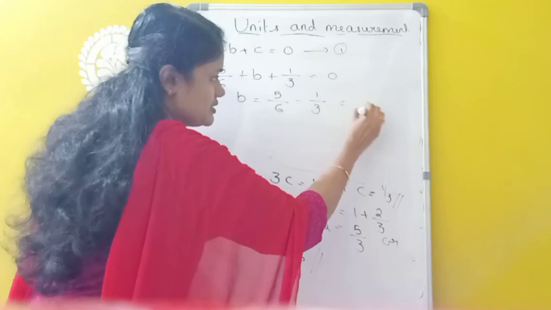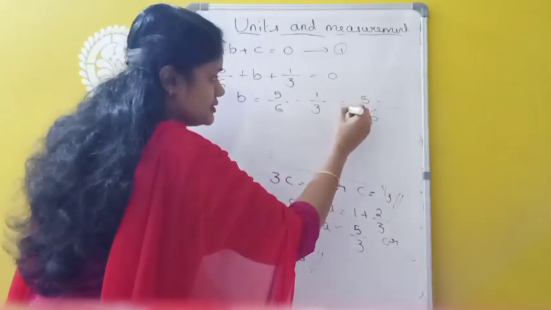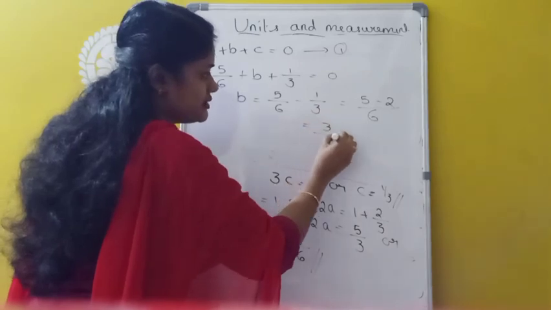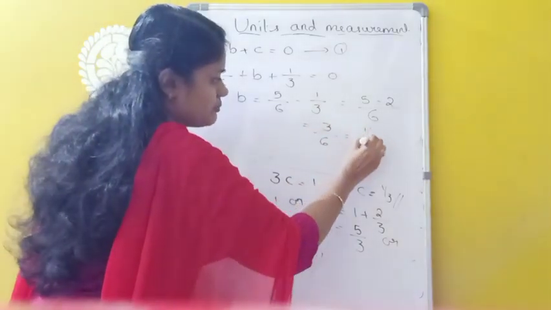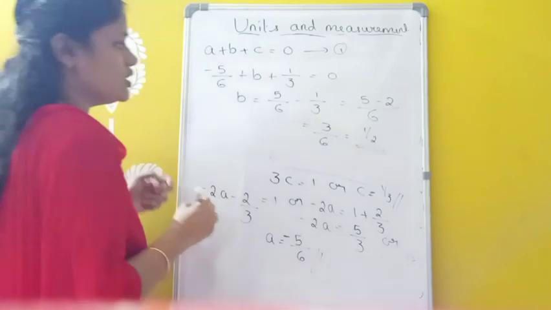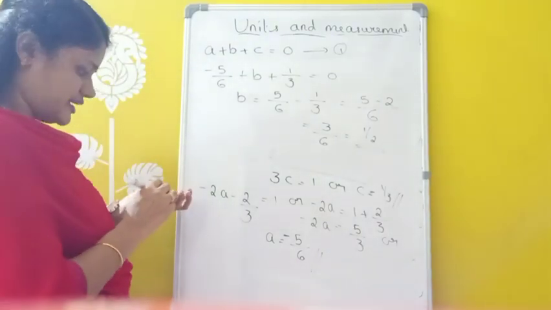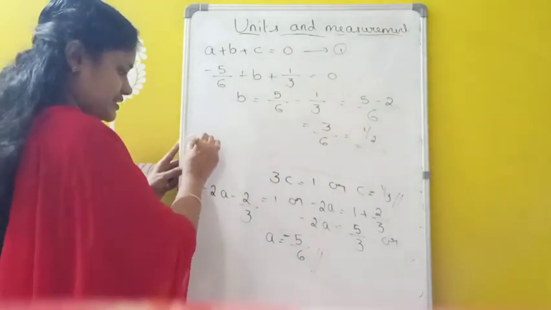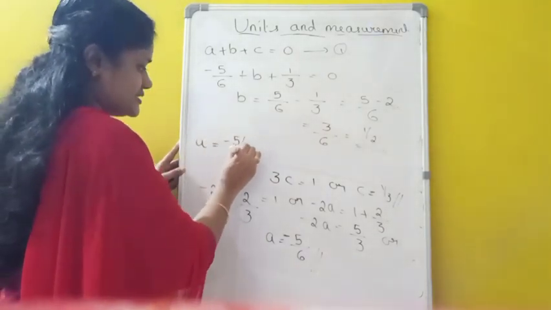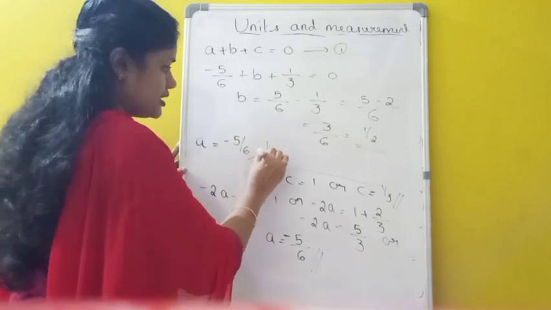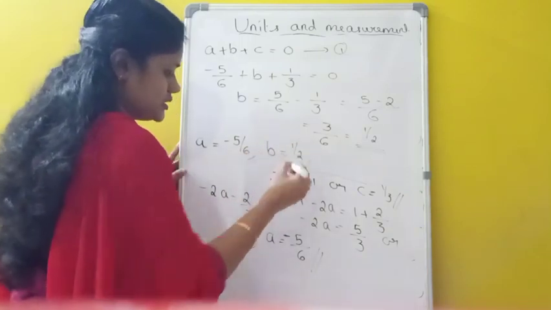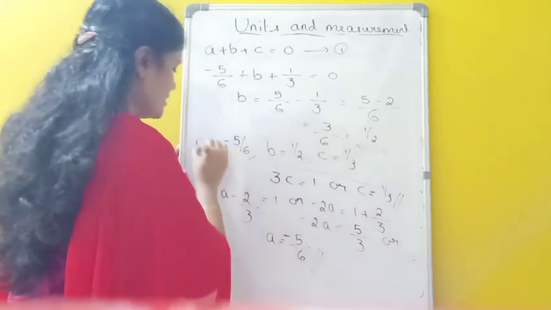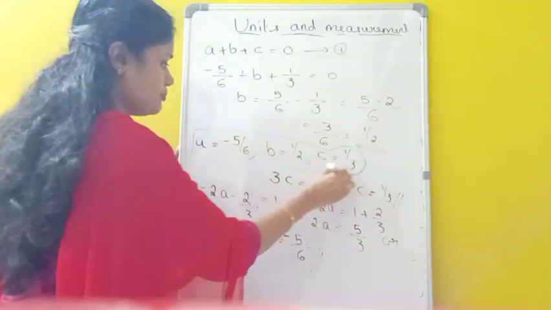So taking LCM 6, 5 minus 2, that is equivalent to 3 by 6, that means 1 by 2. So the b value I am getting is 1 by 2. The a value is minus 5 by 6 and c is 1 by 3. So we can write a equals minus 5 by 6, b equals 1 by 2, c equals 1 by 3. So these are the values of a, b and c.